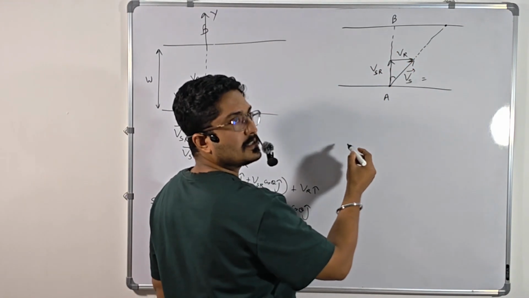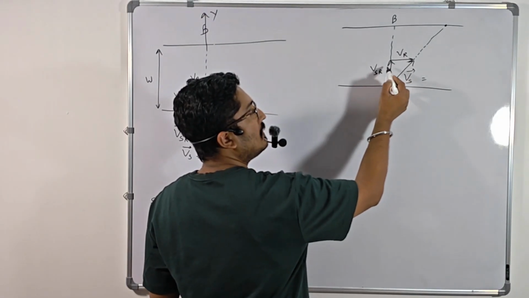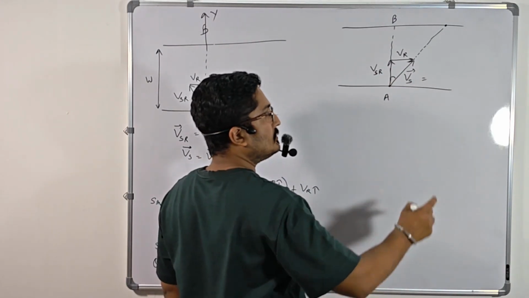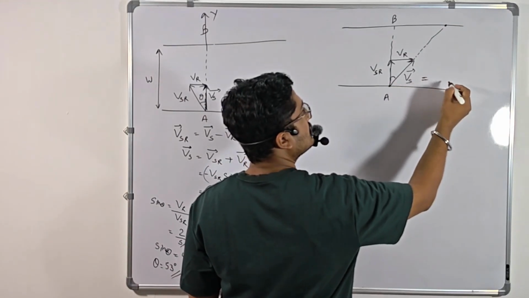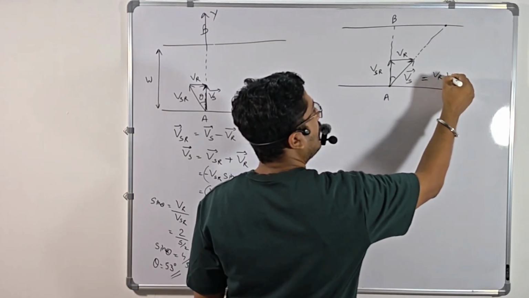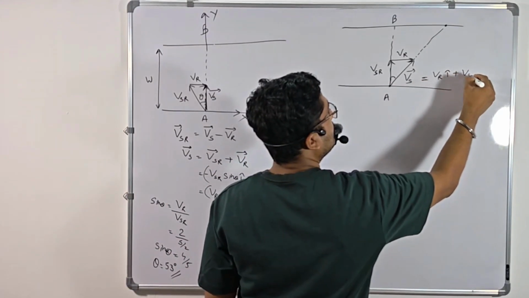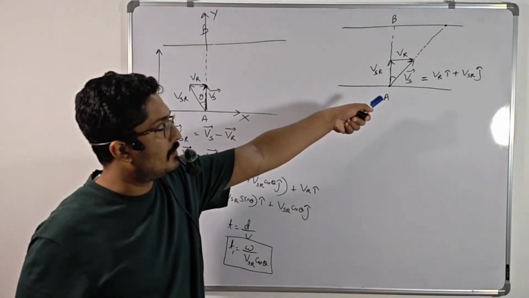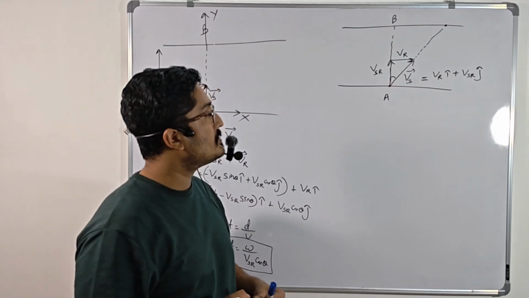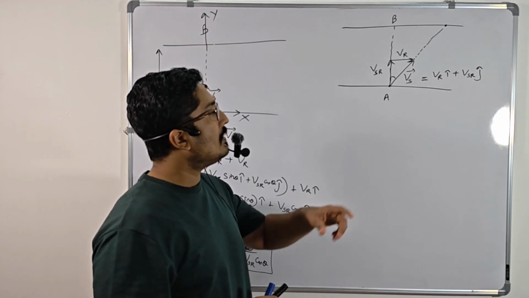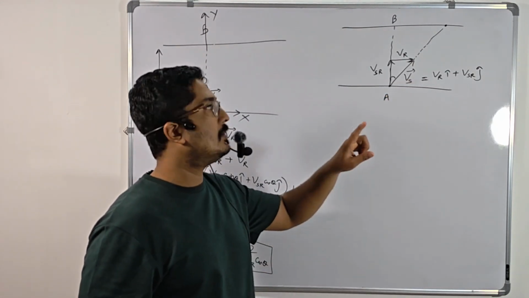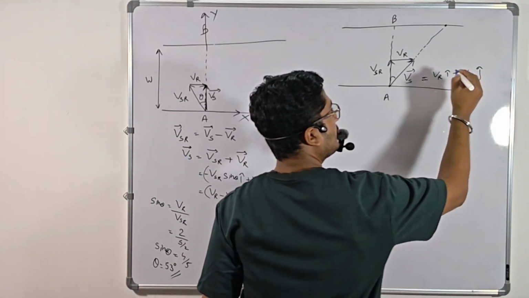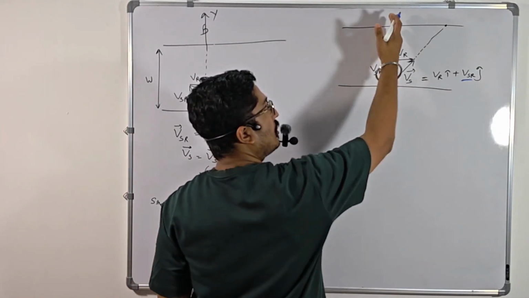From vector addition, VSR plus VR is equal to the resultant Vs. So can I say the vector Vs is nothing but VR i cap plus VSR j cap? This is actually the velocity. Now you tell me, from this velocity vector equation, which component of velocity is responsible for crossing the river? Obviously, it is the VSR that is responsible for crossing the river.